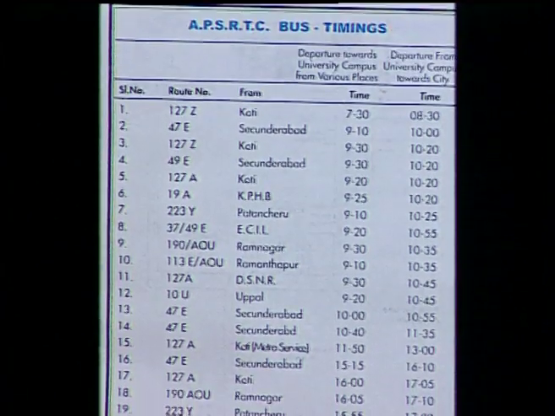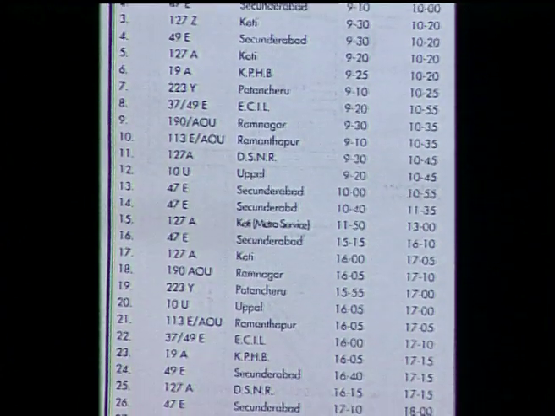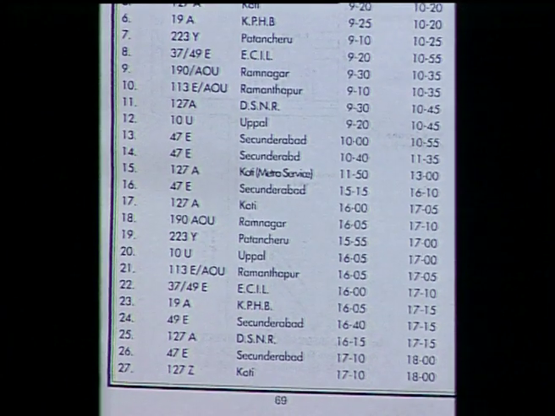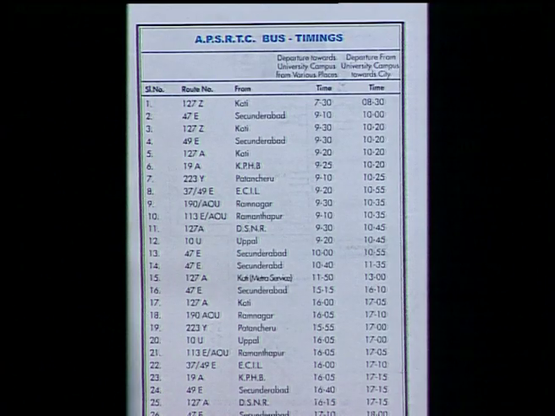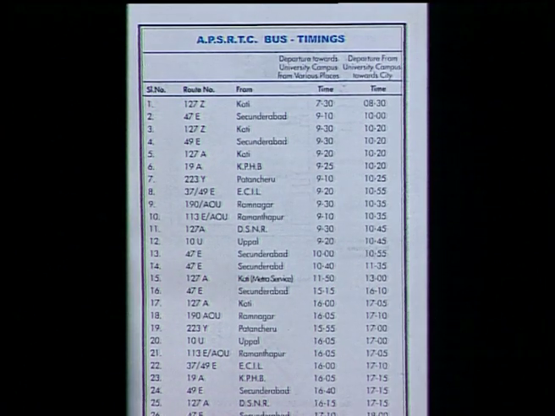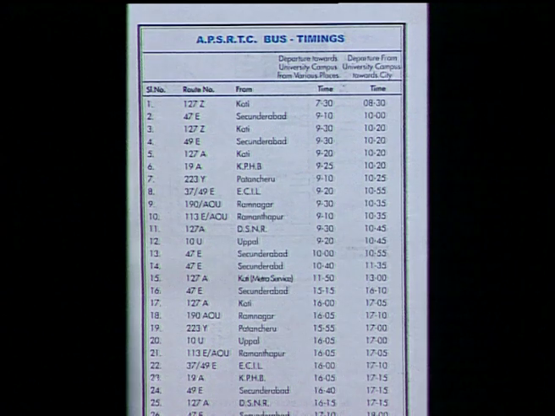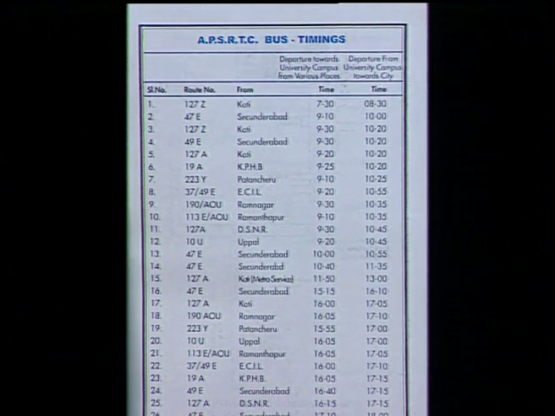Here is a table which shows you the route numbers and tells you the point from which the bus starts, gives you the time when it leaves the point of starting, and tells you when it reaches the campus and departs from the campus. Using such information, it would be possible for students to start from different parts of the city to reach the university and to plan their work to go back again from the campus.